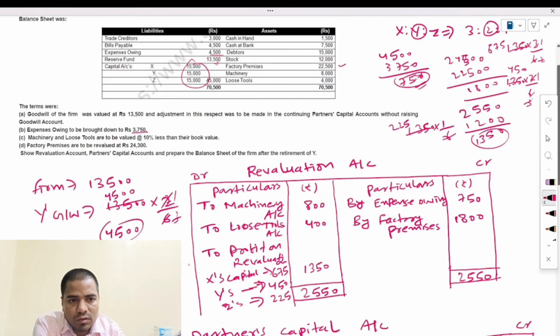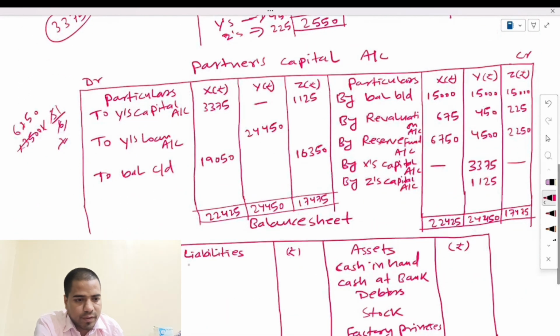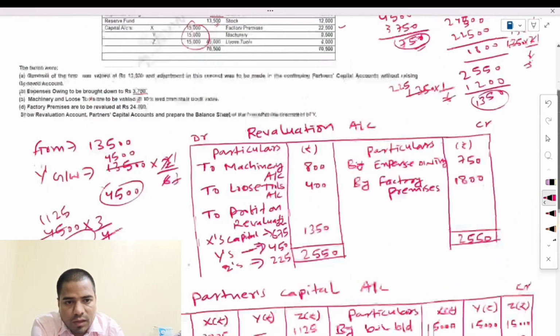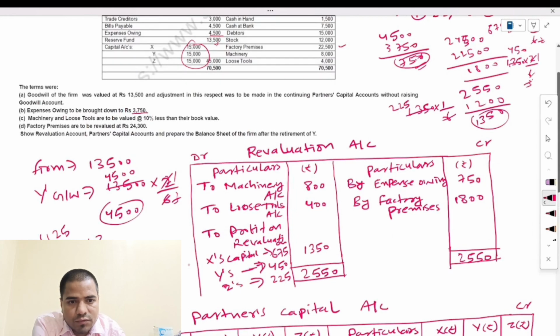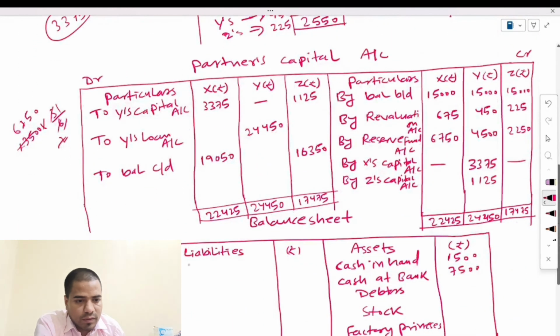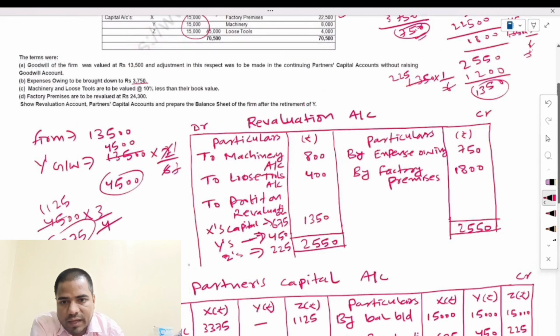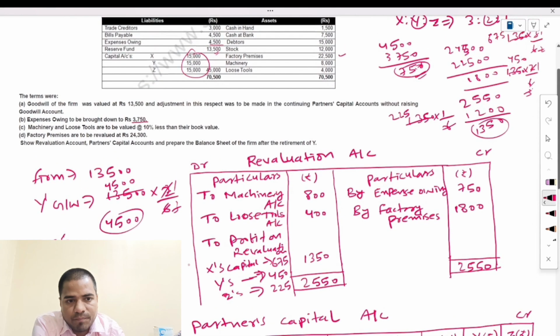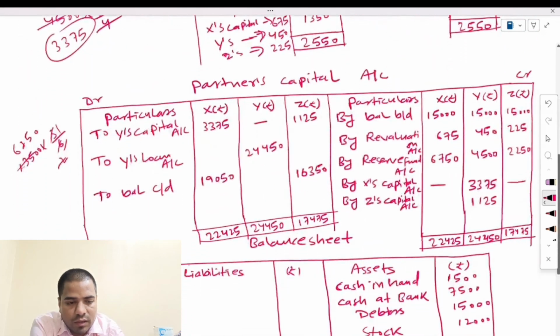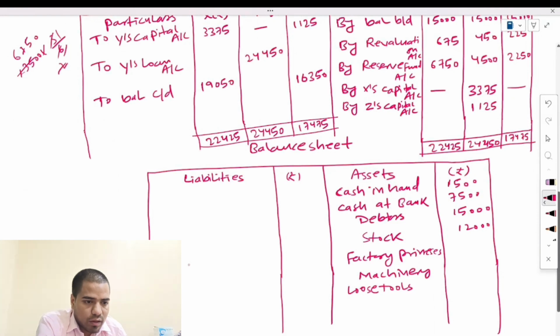Cash in hand 1,500, cash at bank 7,500, debtors 15,000, stock 12,000. Now factory premises has been increased, so we have to write down their actual value 24,300.